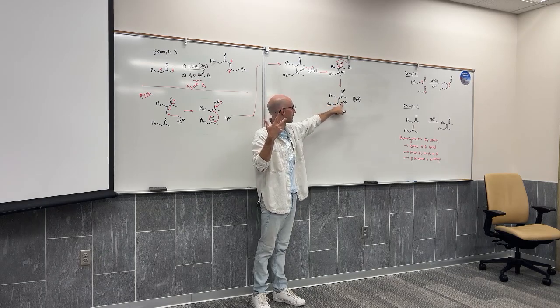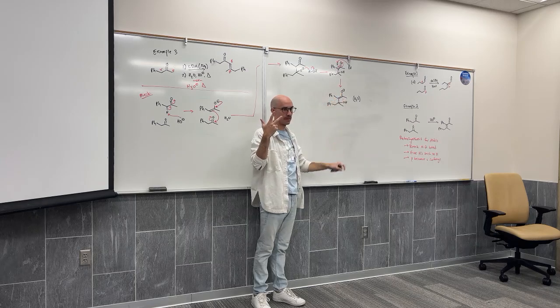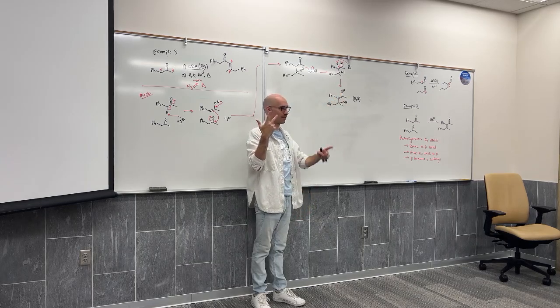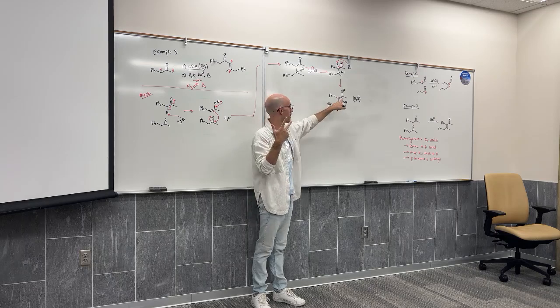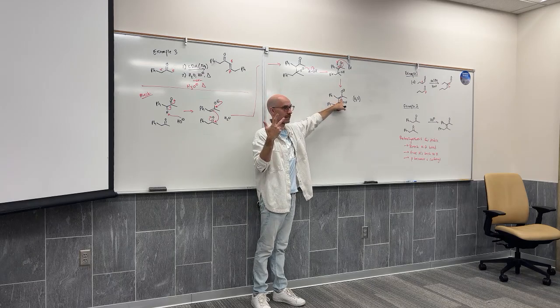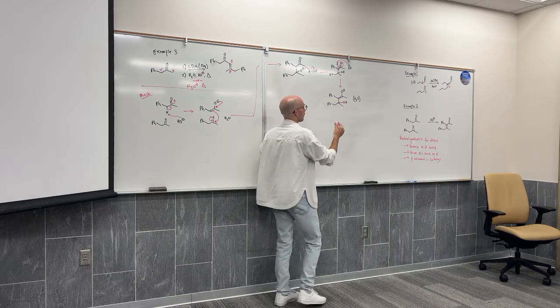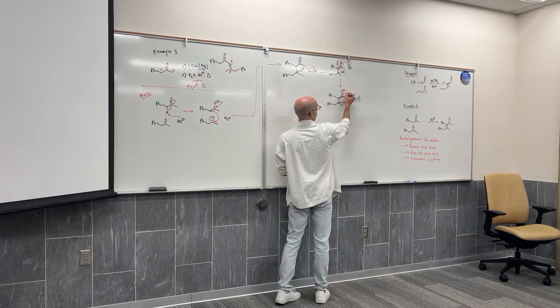This bond needs to break. This double bond needs to form. That other double bond between the carbonyl and the alpha carbon needs to break. Three arrows we're going to see here. Oxygen to the CO double bond.